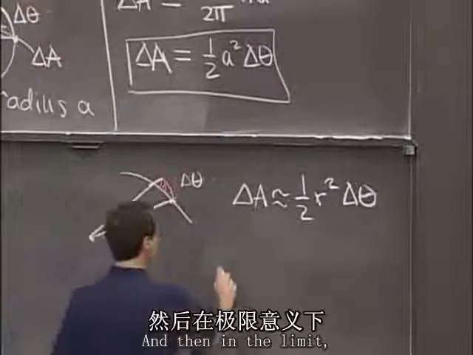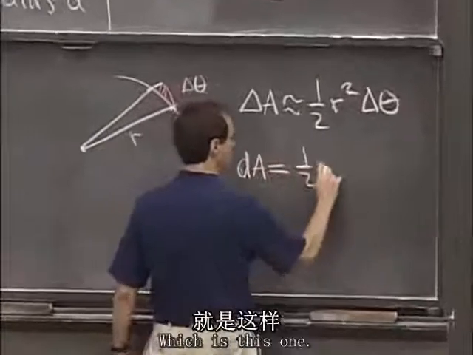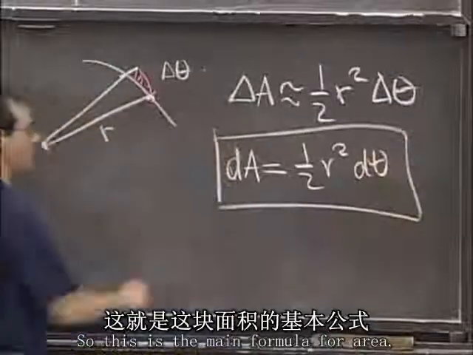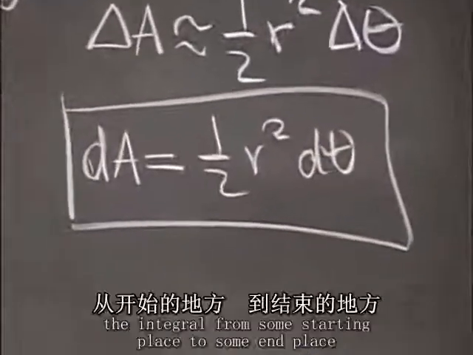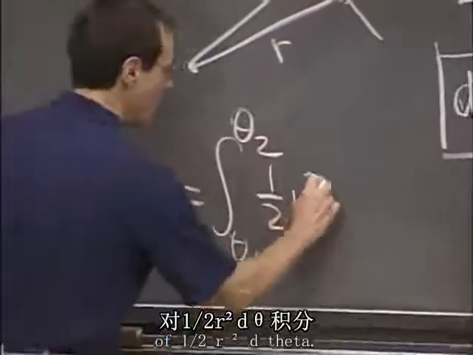And then in the limit, we have the exact formula for the differential, which is this one. So this is the main formula for area, and the total area then is going to be the integral from some starting place to some end place of 1/2 r squared d theta.